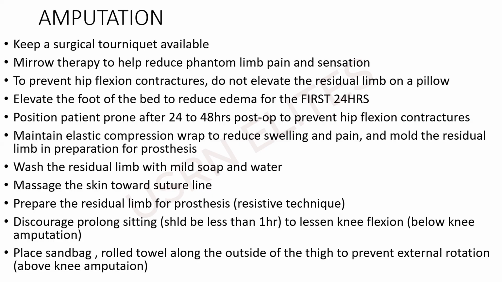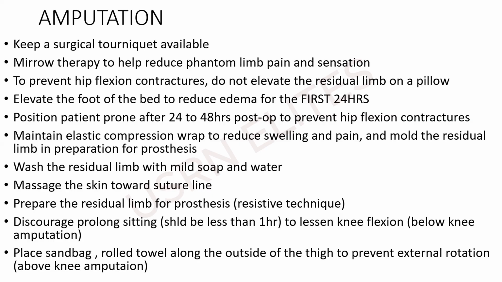And we also want to prevent hip flexion contractures, especially if we do above knee amputation. Once there's amputation, if the patient is sitting down on a bed, what happens?